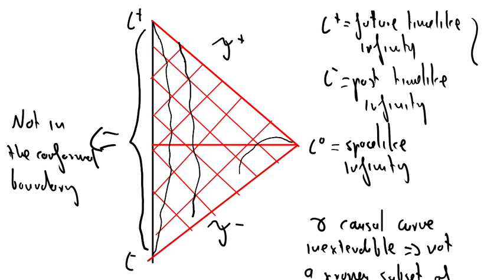In fact, there are two types of inextendable causal curves. There are those curves whose endpoints are future or past null infinity, and there are those curves whose endpoints are at I plus or I minus. So we can distinguish two families of curves.